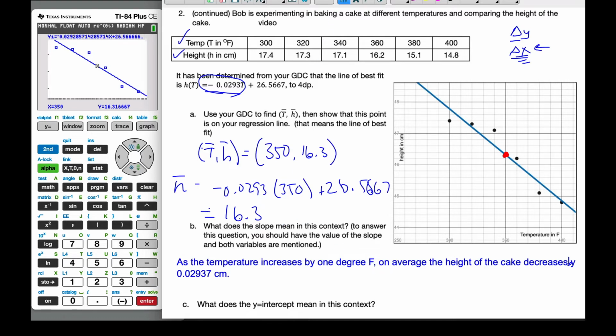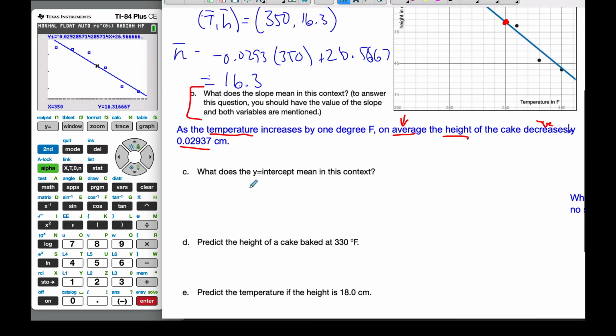In doing this, note that I have talked about the temperature, I've used that variable, I've talked about the height, and I've used the actual value. It's decreased because it's a negative, and even better, this should be on average. I'm not saying every value does exactly this, on average it does. And that is a very clear, concise answer for what the slope means in context.